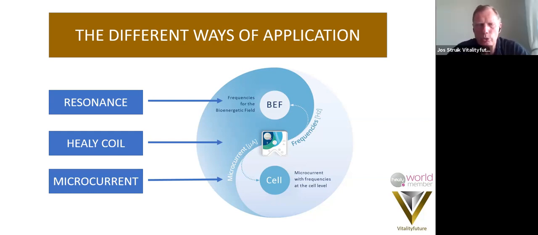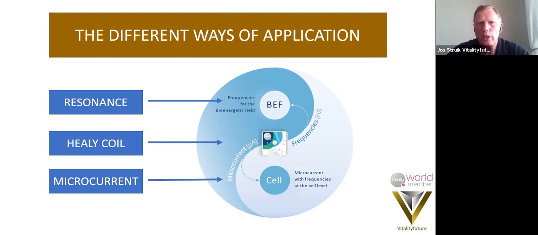If you have been to the meeting this week, the Tuesday meeting with Marcus, you saw a picture with a sort of cone on both sides. So for a certain space, there is a current that, of course, will get weaker the farther you get from the coil itself. And that is also why we have to wear the Healy close to our body, because the current has a limited range.